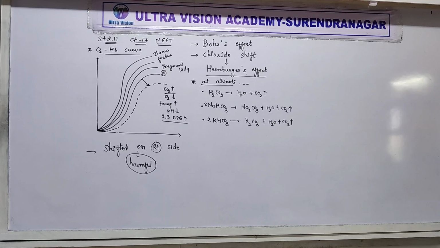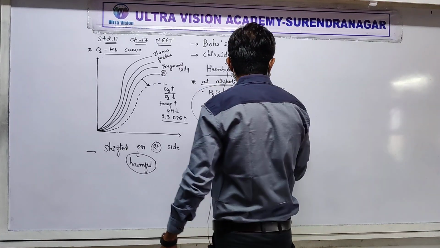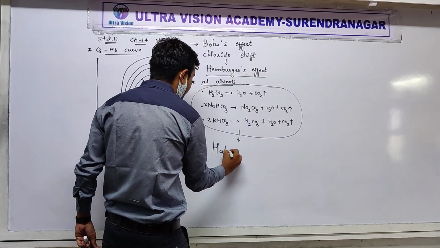In alveoli, when CO2 is low, O2 is more. I am talking about at the end of inspiration. At that time, dissociation of all the components leads to carbon dioxide release. That is known as Haldane's effect.